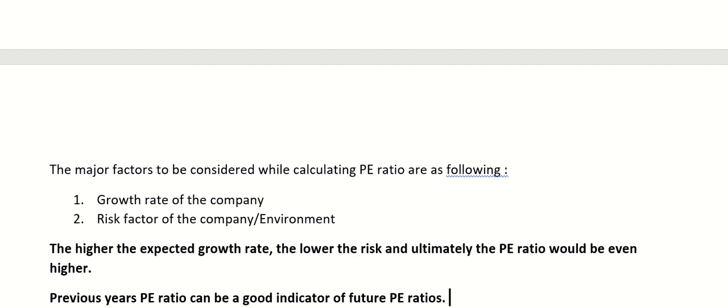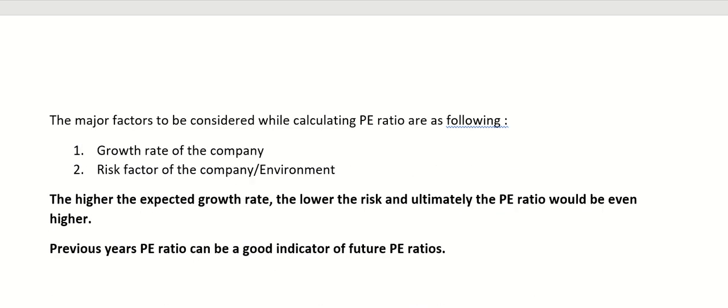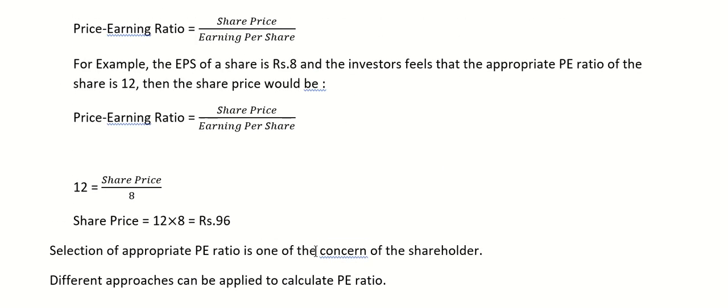So historical data is another good way to calculate PE ratio. Or even if you do not have the previous data of the company itself, you can also refer to the industry, other companies in the same industry, and check their PE ratio, who deal in a similar product line or belong to the same capital structure or something like that. So on the basis of other companies also, you can try to calculate the PE ratio of the company where you want to invest. So this is the simplest way to calculate share values.